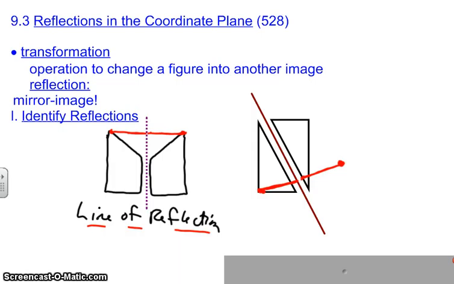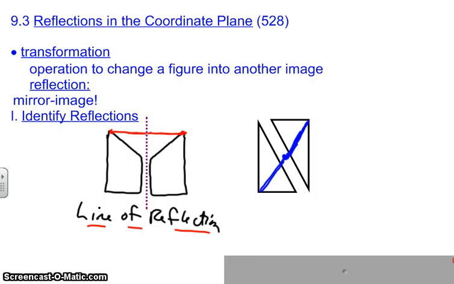Well, couldn't you just flip it? If it was flipped, you might have a line of reflection. That's true. You know, as you get further into geometry, we find out that we don't only reflect things across lines. Watch this. We could put a point here, right? We could put a point. Now, if I was to measure the distance of any point to that point, and then across from it, now do I have a reflected point?